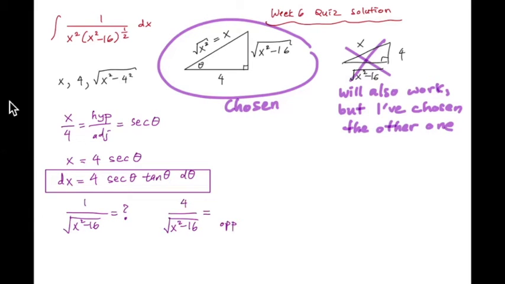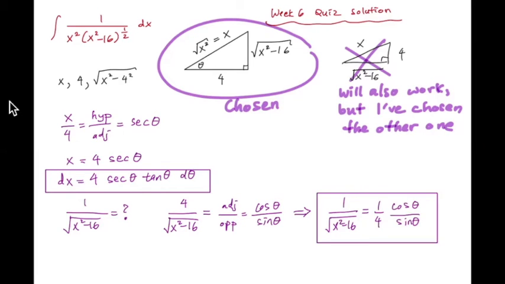So 4, that is the adjacent. I have cotangent, or 1 over tangent. And actually, let me rewrite this as cosine theta over sine theta, because I hope there will be some cancellation later. So this means that 1 over square root of x squared minus 16 is 1/4 cosine theta over sine theta.